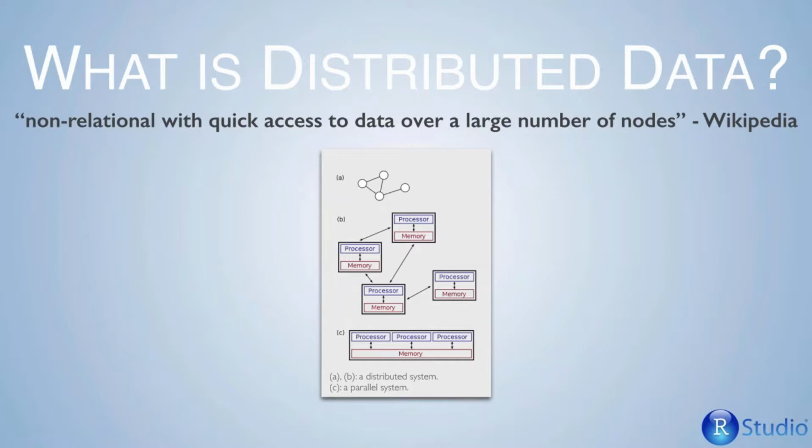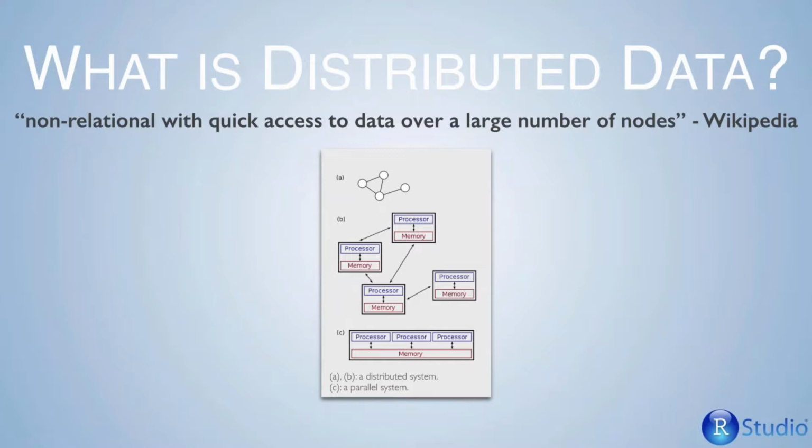If you have a really, really large file that doesn't fit on one machine, you have to distribute that file across many different machines and somehow work with it in R. That's what I want to talk about on this last conceptual data source.